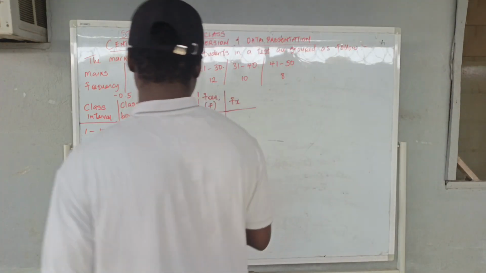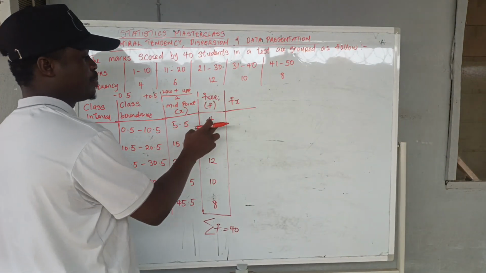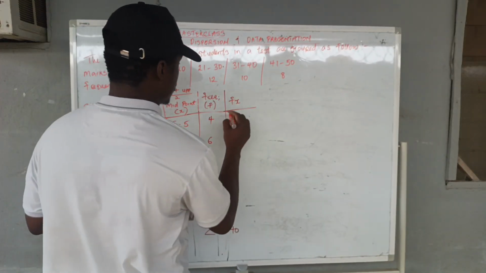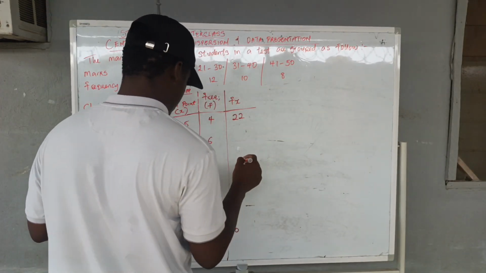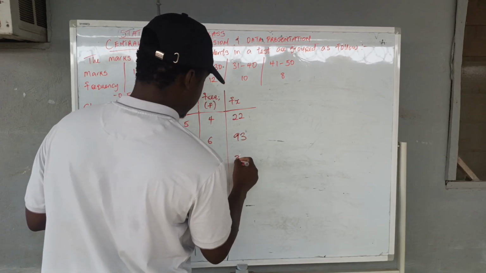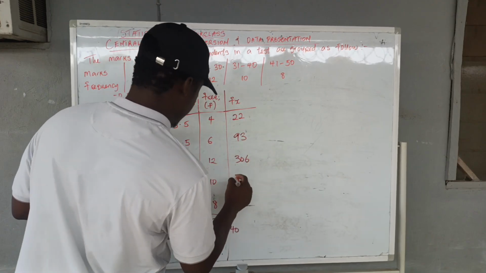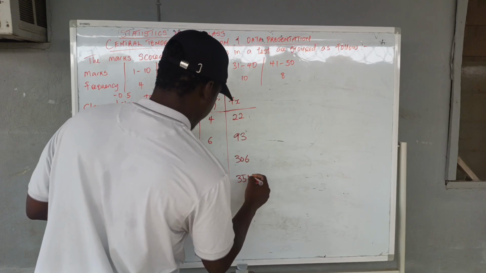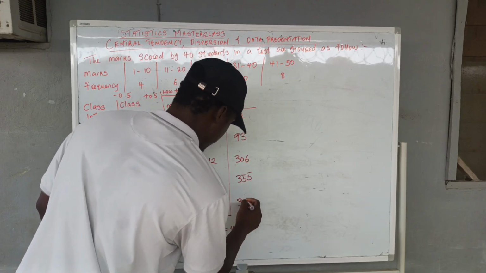So 5.5 multiplied by 4 gives us 22. We have 22, 93, 306, 355, and 364.